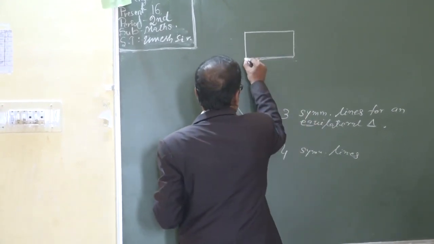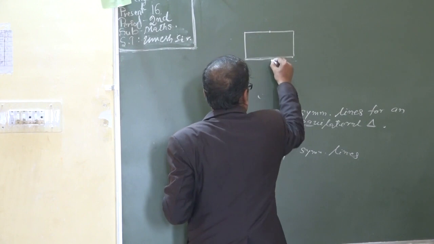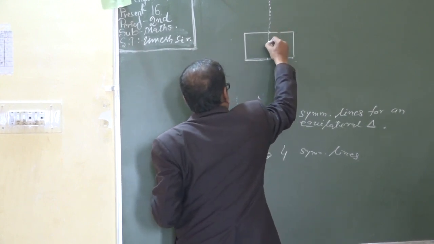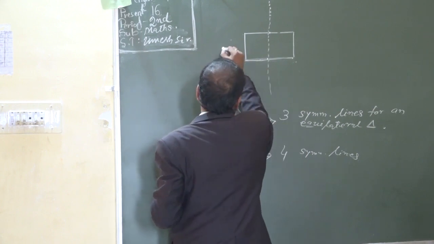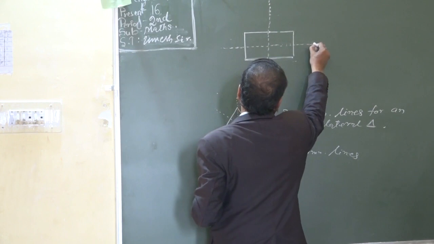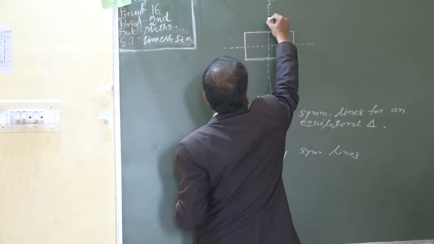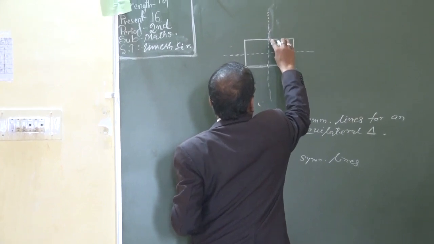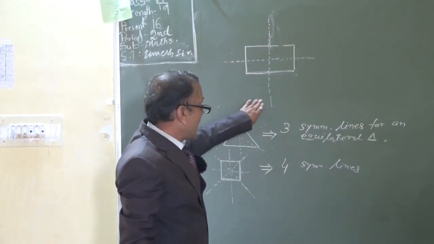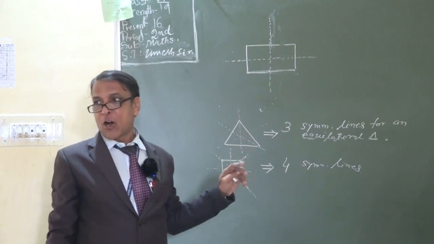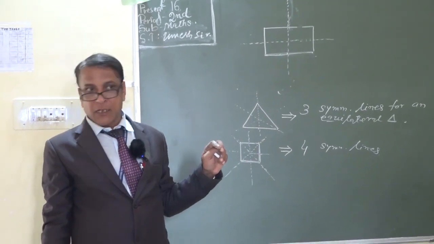Only the lines passing through the midpoints of opposite sides. So this is one and this is one. So these are the two lines of symmetry of a rectangle.